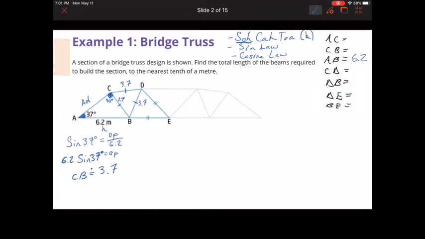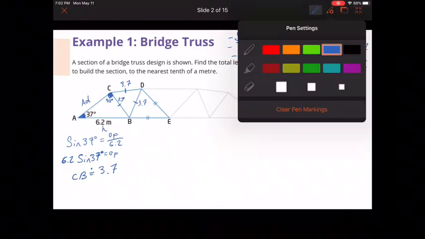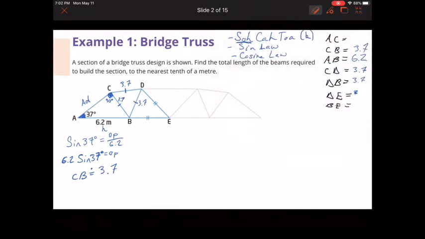So then I know that CD and BC are all exactly the same.